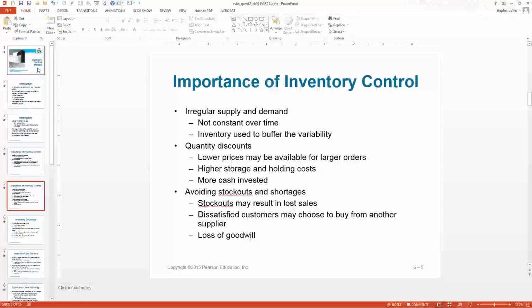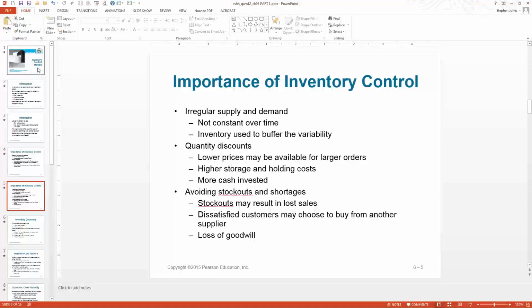So how do we start taking a look at this? Well, we need to look at how regular your supply is. If you have an irregular supply and demand, again, say seasonal or periodic demand that's out there, you're going to have to account for that. Look for the quantity discounts when possible, but that's going to change your economic order quantity out there.